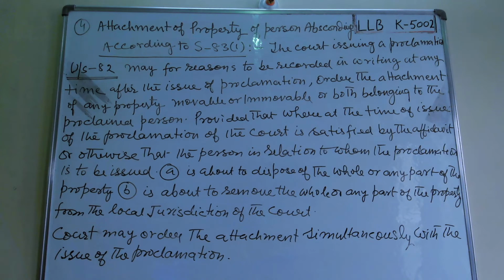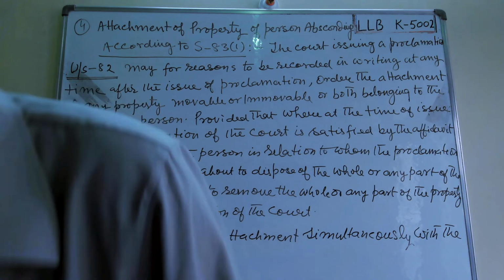If the court thinks fit, the proclamation and attachment of the property, both processes may be issued or may go parallel. So this is the fourth condition of attachment of property of person absconding. Now I am taking the fifth condition.